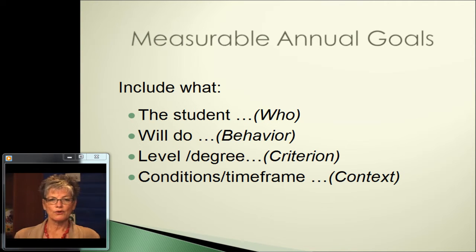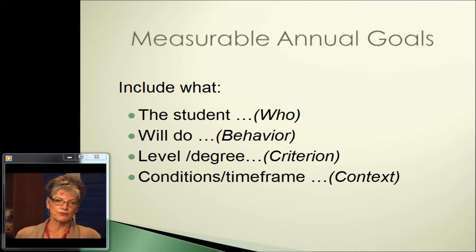First of all, the goal will include who, the student; what the student will do, which is behavior, makes it behavioral and measurable; the criterion, or the level or degree to which I want the student to achieve in order to know that they have actually accomplished the goal; and then the conditions or the time frame, the context maybe within which that goal will be achieved. You can use either way, whichever is more comfortable to you in terms of looking at whether or not your goals are good goal statements.